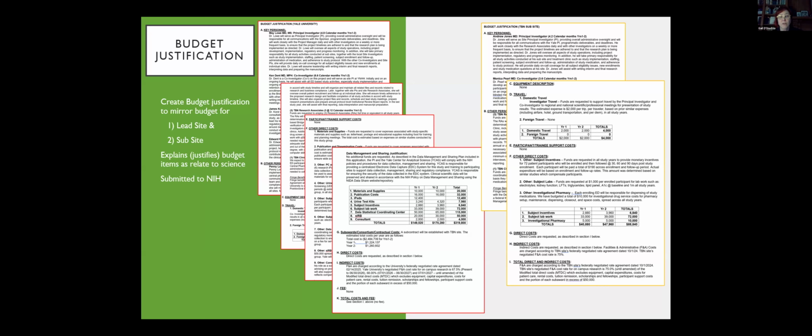And again, you need to be very involved with your subs too, to make sure that is exactly right, and that theirs looks congruent amongst the different subs that you might have, that everybody has exactly the same amounts, unless you've, for some reason, allocated more to one site than another.